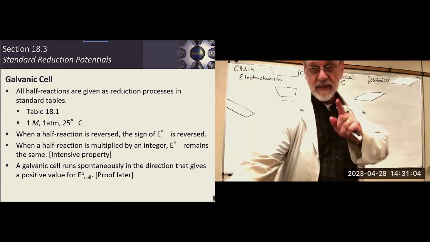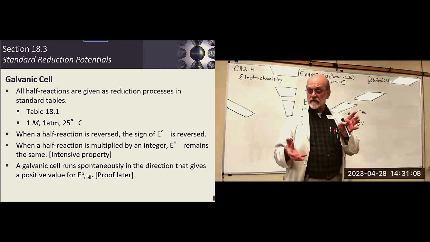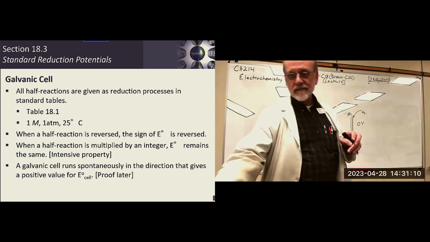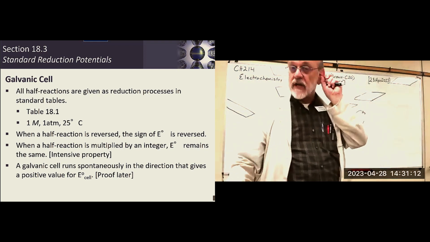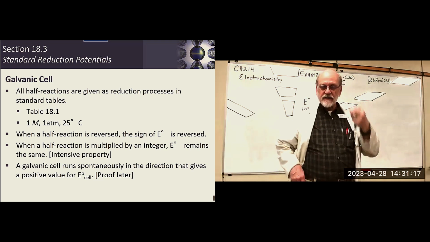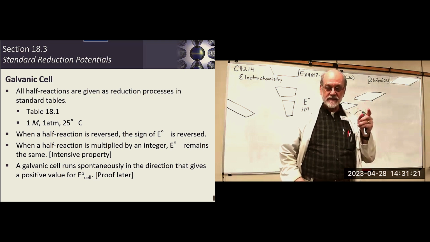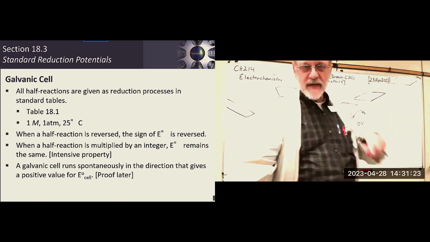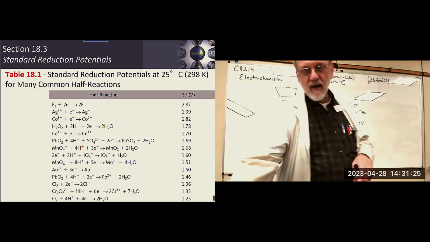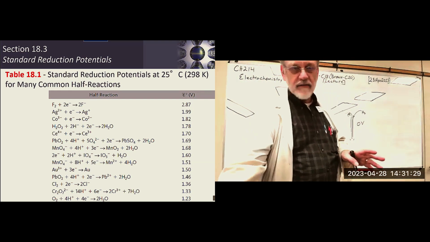That's going to come in handy later, and we're going to compare that to delta G. We know delta G, Gibbs free energy, identifies a spontaneous reaction if the delta G is negative. So hold that thought.